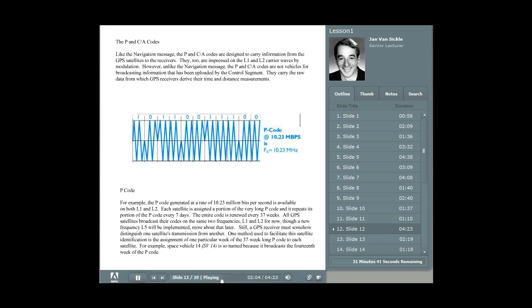But notice that these code chips, as they're called, transition from 1 to 0 and back to 1. They change, that is, when this blue line goes up to the center and then back down again or back up again. In other words, it doesn't follow the typical sine wave pattern of going up to the top and then down to the bottom, and it stops in the middle.